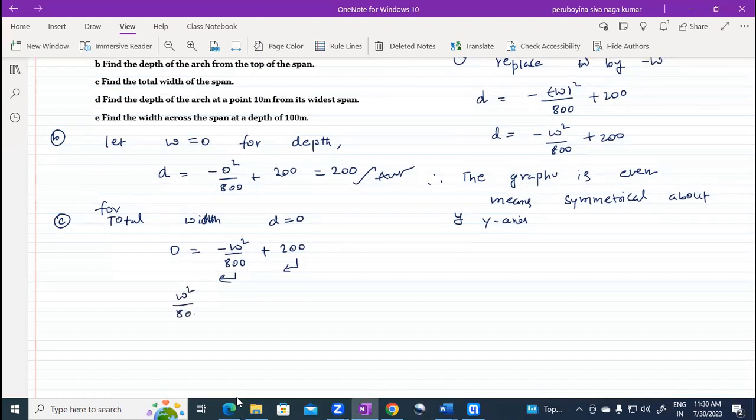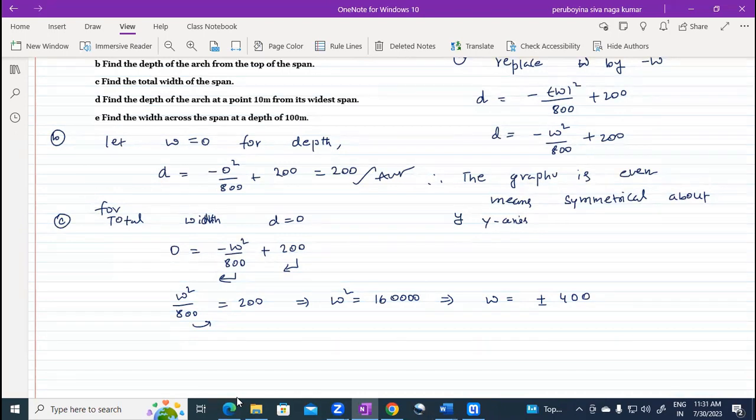W square by 800 equal to 200. Do cross multiplication. Then W square will be how much? 160,000. That means W is equal to plus or minus, the square root of 16 is 4, and for the zeros, for every 2 zeros we can take 1 zero.